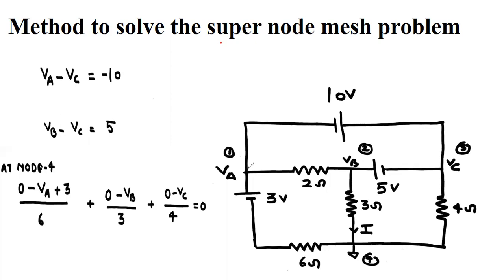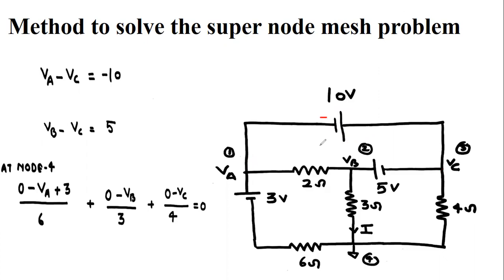In the problem, we cannot apply the KCL at node A, but see that nodes VA and VC have only a voltage battery of 10 volt between them. So the potential difference of these nodes is equivalent to the potential difference of this battery. So VA minus VC is equal to minus 10, because here we are getting the negative sign.